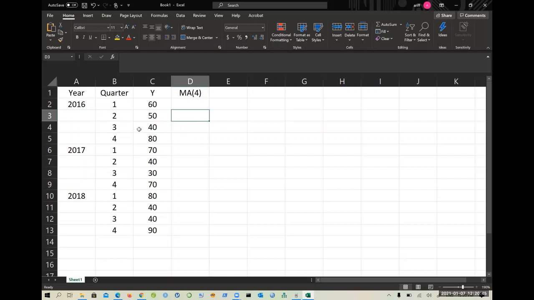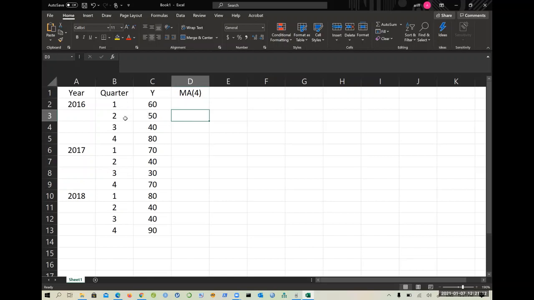So whatever it is, the first thing you need to do is calculate 4 values at a time, then take the average and put it in the middle. For example, the values start from the first quarter of 2016. You add 4 values starting from the first value, take the average, and put it in the middle.